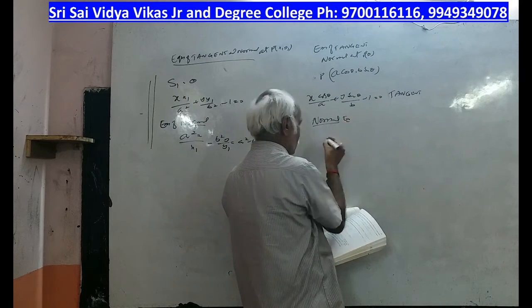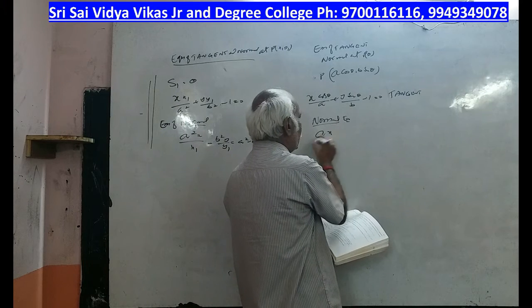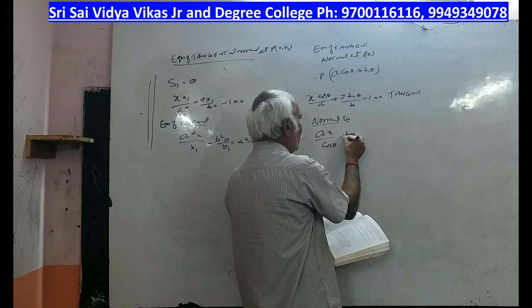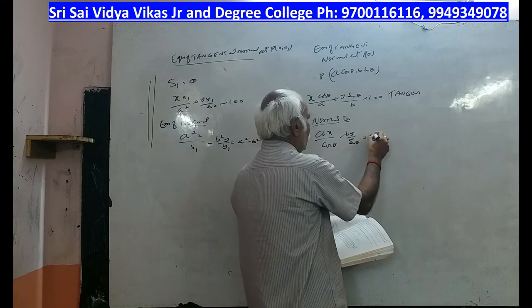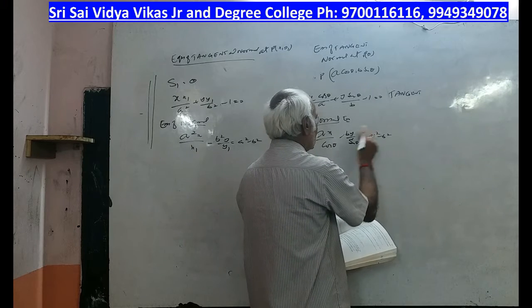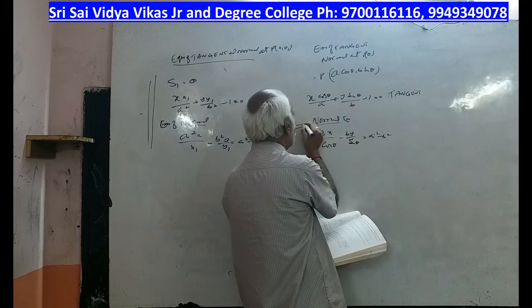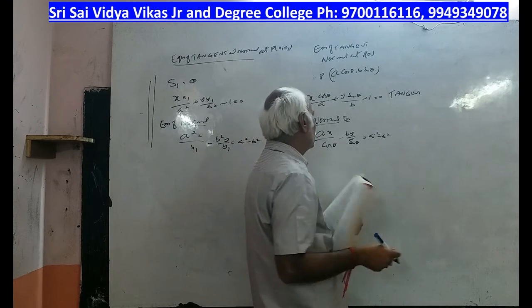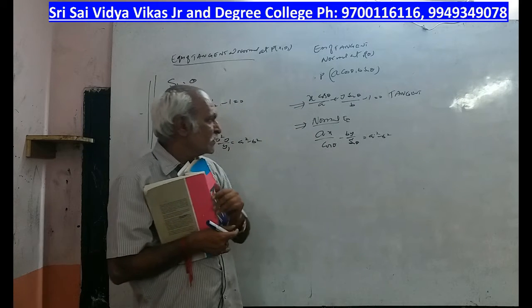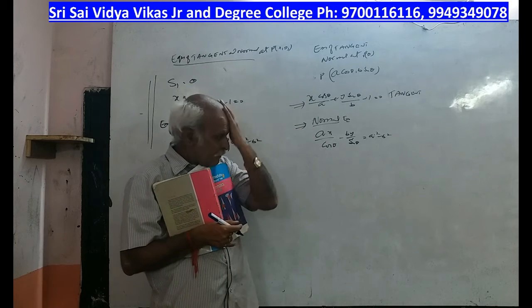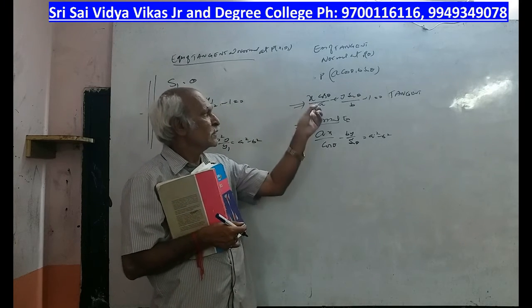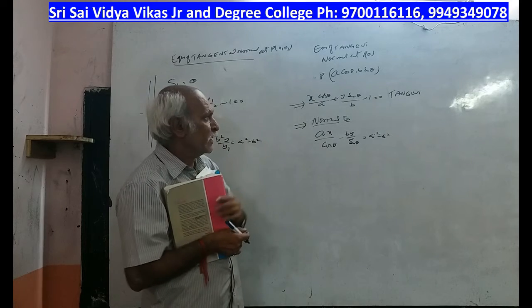Normal equation: ax by cos theta minus by by sin theta is equal to a square minus b square. Right? So this is the tangent equation, this is the normal equation at theta.